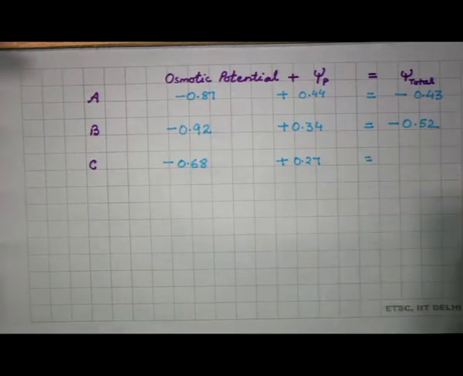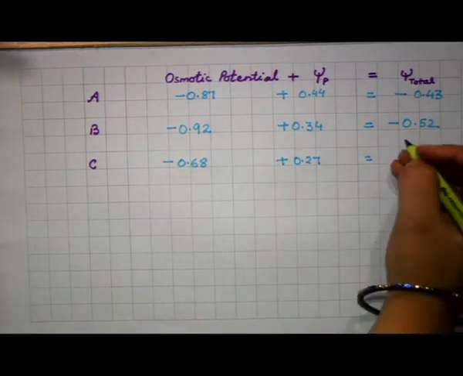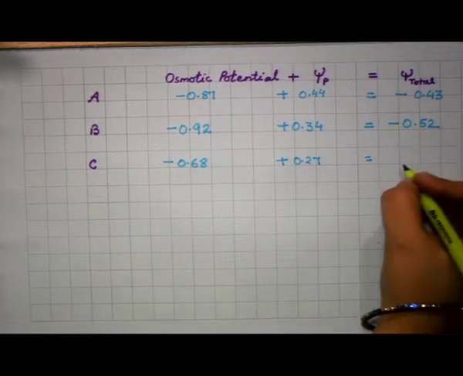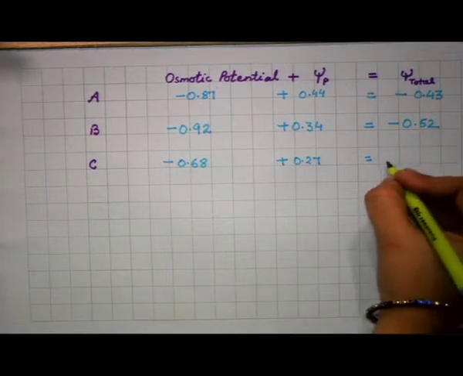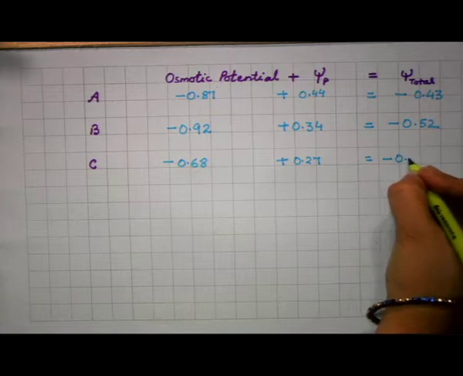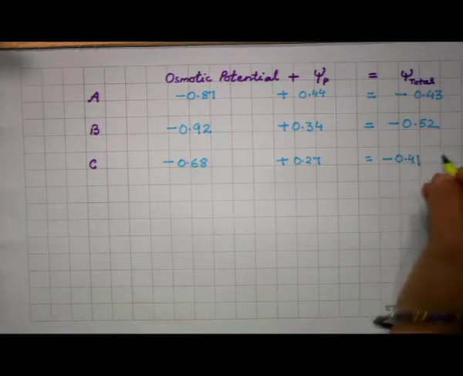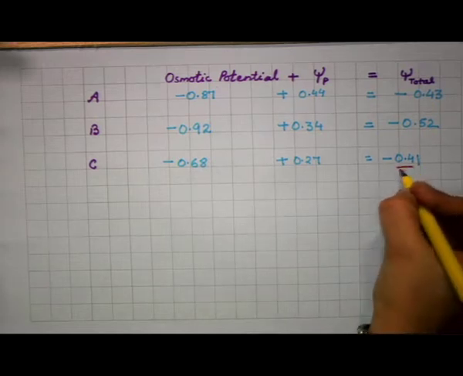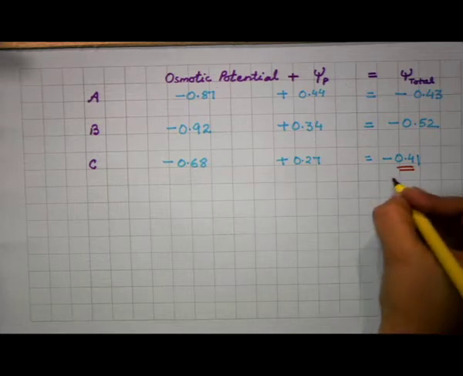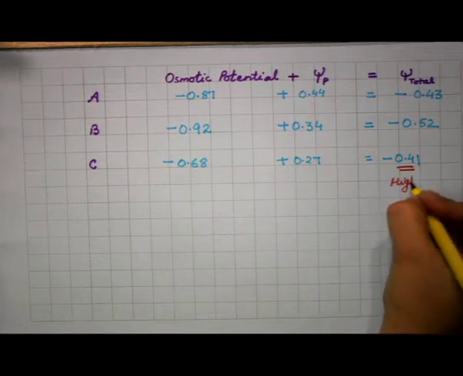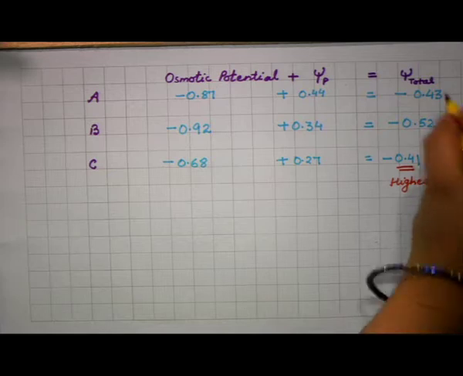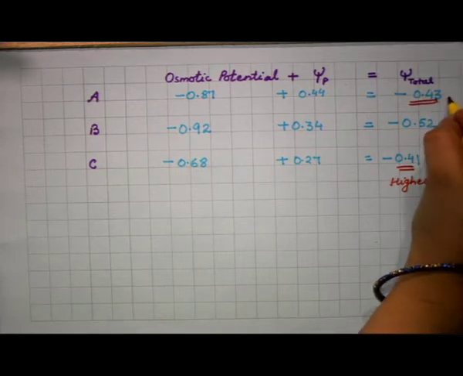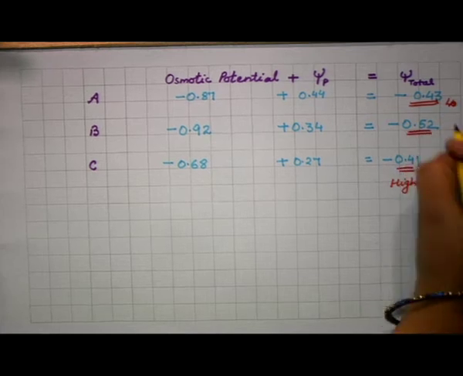When we add this, we get that the psi total, that is the water potential, is minus 0.41. So, in this way, in the three systems, we can see that cell C has the highest water potential and cell B has the lowest.